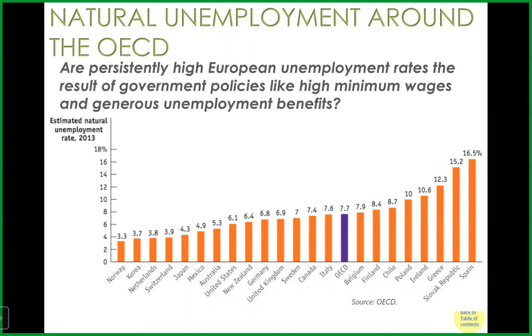Usually we classify frictional unemployment and structural unemployment as natural unemployment. It is natural in the sense that it comes from fundamental frictions in the economy. Just remember, why is there frictional unemployment?